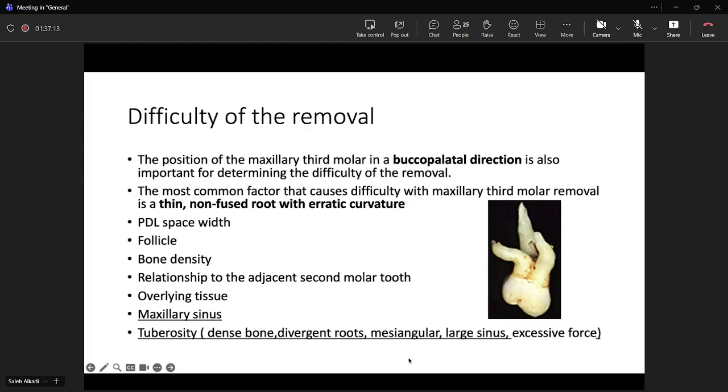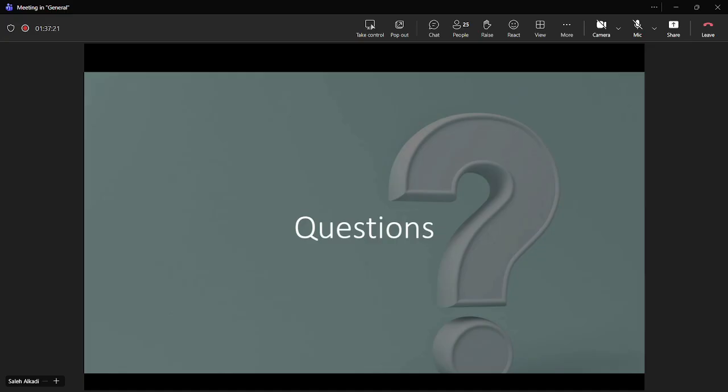And of course, after tuberosity fracture, you may also have oroantral communication. Upper wisdom teeth could also be classified based on the type of overlying tissues, whether they are soft tissue impacted, partial bony, or fully bony impacted.